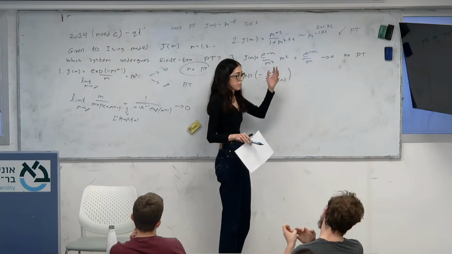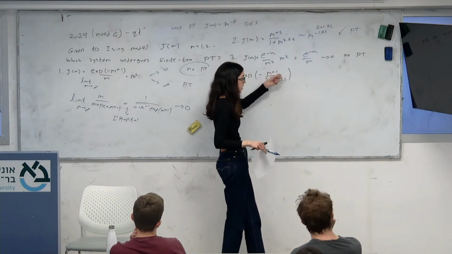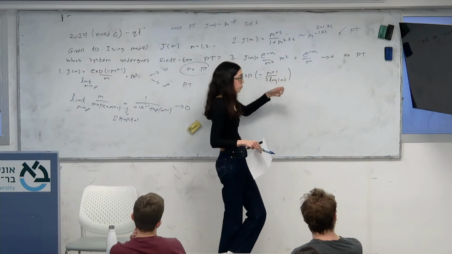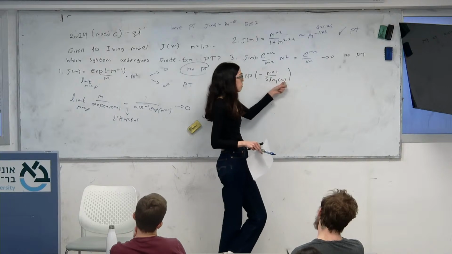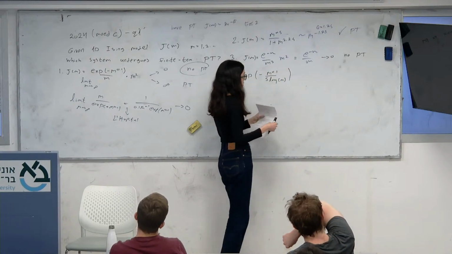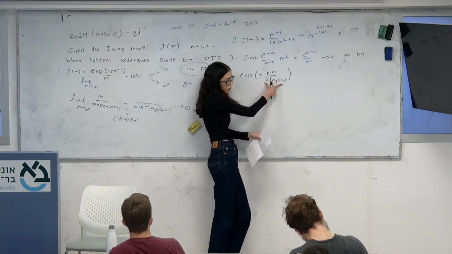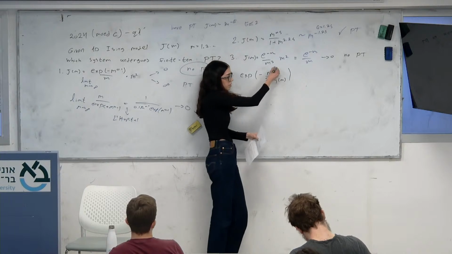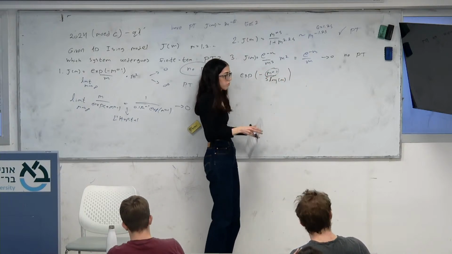You may see it immediately, but if not, any power of m that we take would be faster than the logarithm. So what I have inside the exponent, this argument, goes to infinity as basically the power of m. This is going to dominate when we take m to infinity.